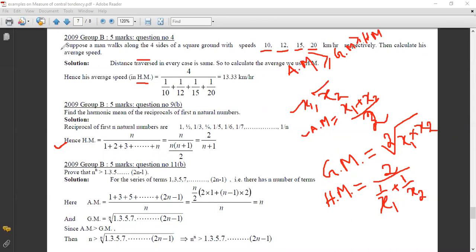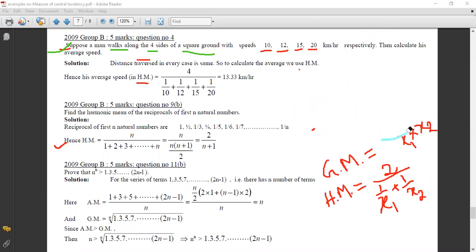And you see an example for this, for the case of harmonic mean. The example is given for the harmonic mean. Suppose a man walks along the four sides of a square ground, with speeds 10 km per hour, 12 km per hour, 15 km per hour, 20 km per hour.